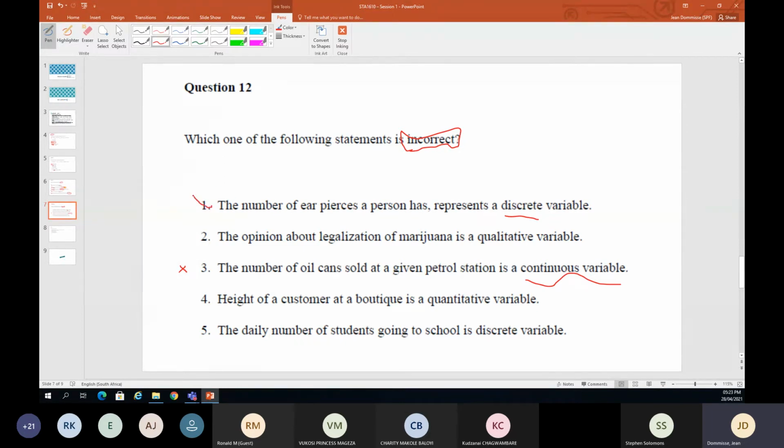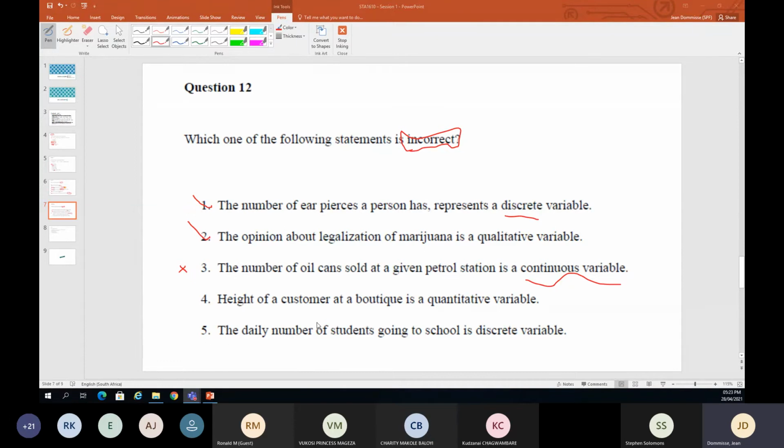So that is definitely correct. The opinion about legalization of marijuana is a qualitative variable. Qualitative is category, so it will be opinion, so yes or no. So that will be correct.